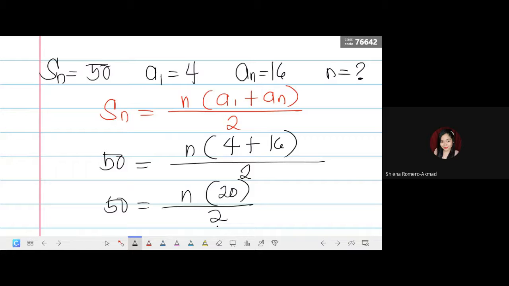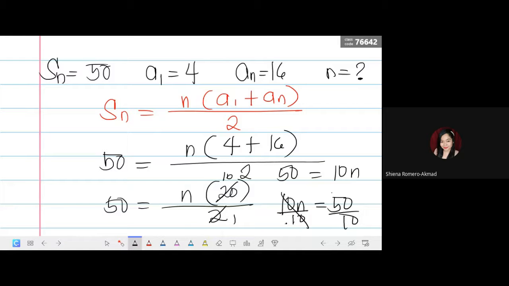Then this is 10 and 1. Okay, so we'll get 10n equals 50. Binaliktad ko na, from 50 equals 10n. Pareho lang naman yan. Okay, divide natin both sides by 10.